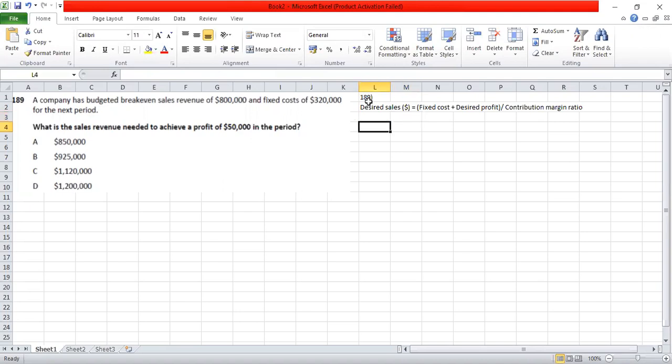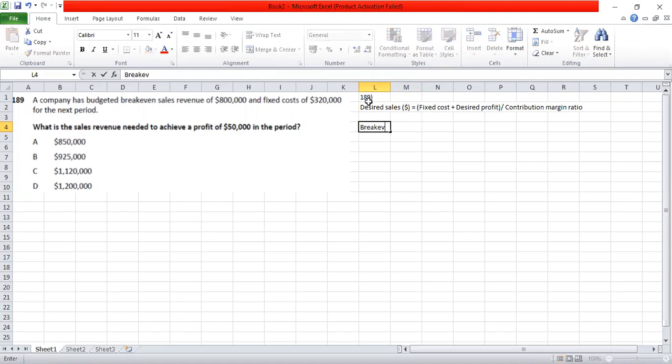We do not know what the contribution margin ratio is. All we know is the budgeted sales revenue and the fixed cost. So we know the fixed cost, we know the desired profit, but the denominator contribution margin ratio is not known. So what we can do is take the help of break-even sales.